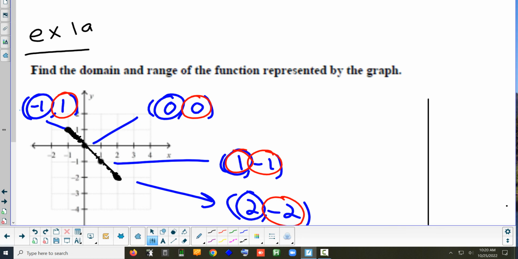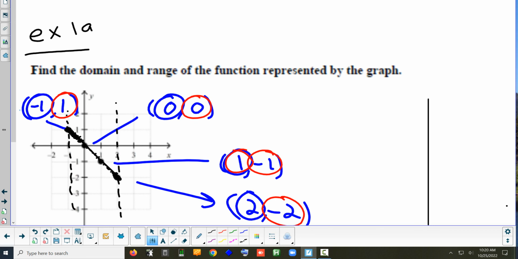So if I wanted to describe the domain and the range of this, I don't want to list out every single number, right? Because if there's millions and millions of dots, it's going to take a very long time to write them out as coordinates. So when they're connected, what we do is we start with the domain. That's left and right. So think of it like this. Imagine I put 2 dotted lines right there. This graph goes everywhere between those 2 dotted lines.